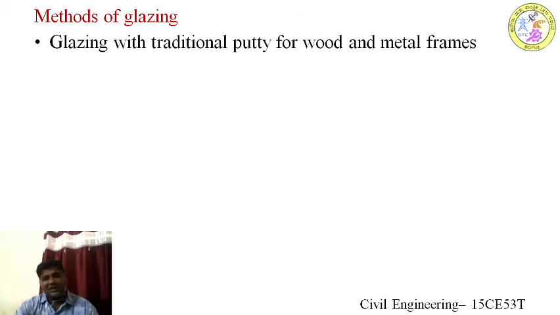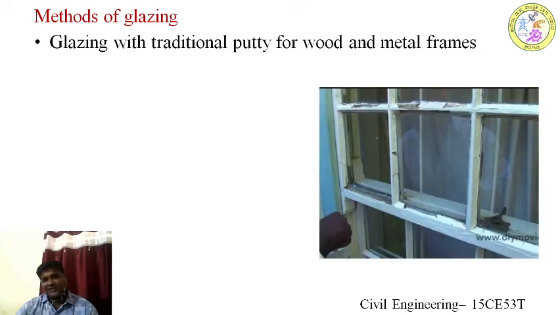So over the years, the methods of glazing have changed. In the initial days, we were doing glazing with traditional putty. We were using a wooden frame and putting glass inside it, and for fixing the glass to the frame we would use putty. What is putty? Putty is nothing but a combination of white lead mixed with whiting and linseed oil.